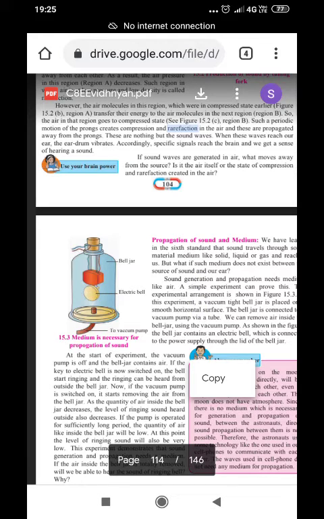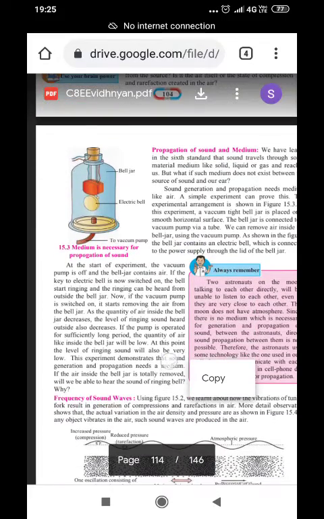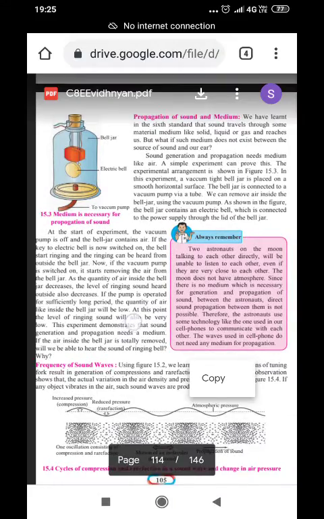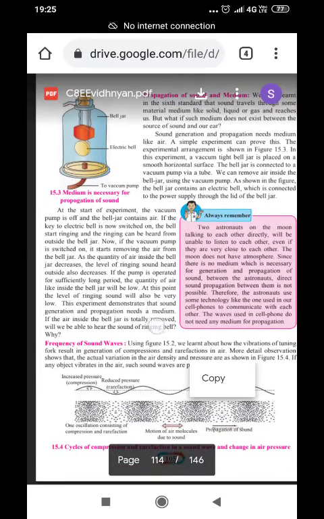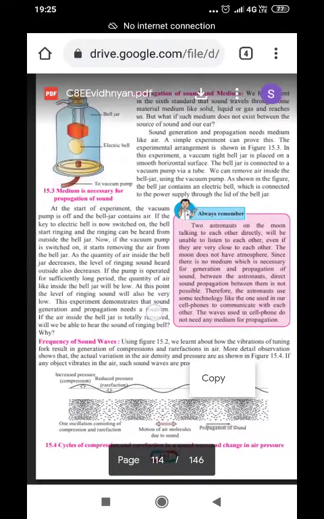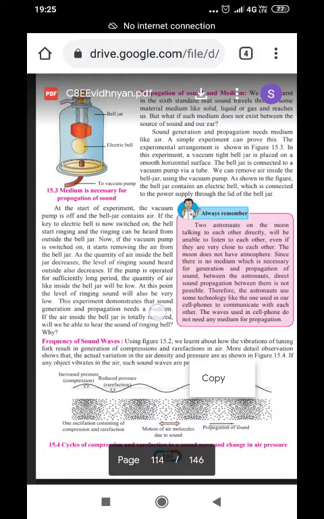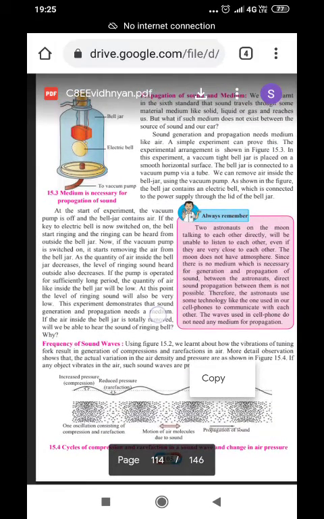Propagation of sound and medium. Now, in which direction does the propagation of sound take place, and is a medium essential or not in order to transfer the sound?